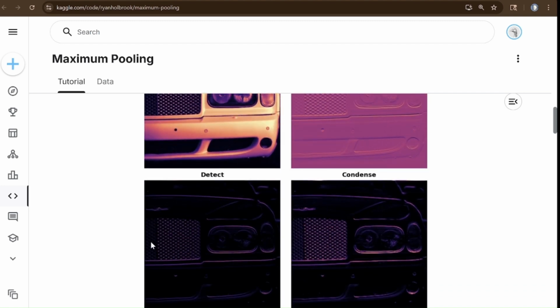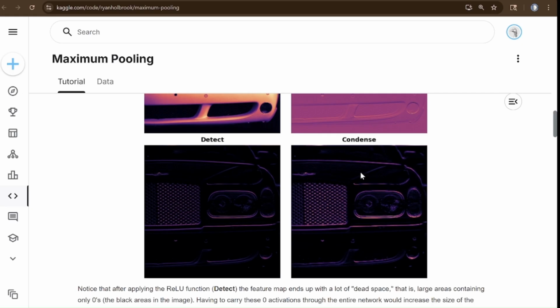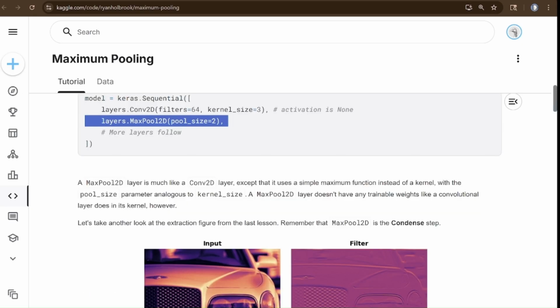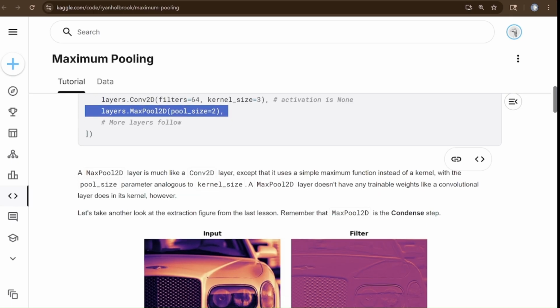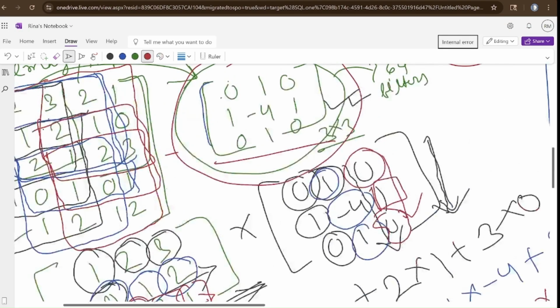The second step is detect, that is done by ReLU. Now this one is enhancing the features. You can see the difference. Okay. Now see, a MaxPool2D layer is much like a Conv2D layer, except that it uses a simple maximum function instead of a kernel. In the Conv2D layer you are using a kernel, right?